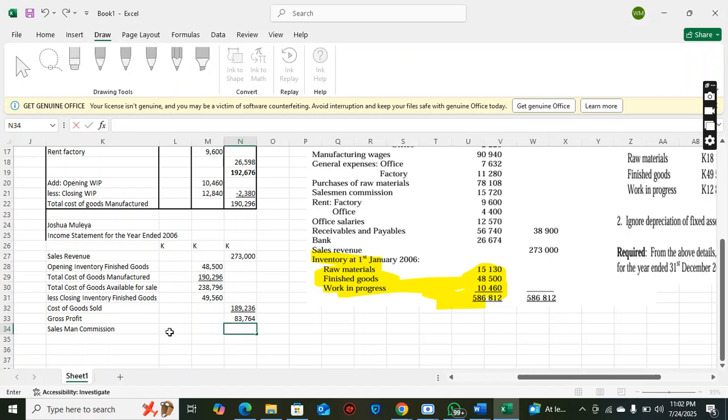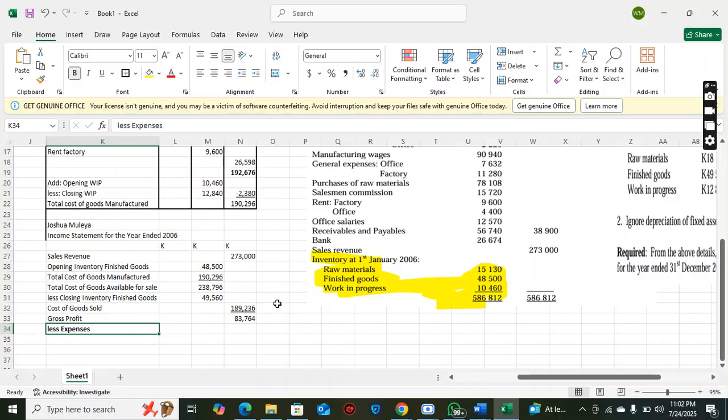So here, less expenses. Oh wait, what was your question, sir? Yes, we're subtracting, sir.